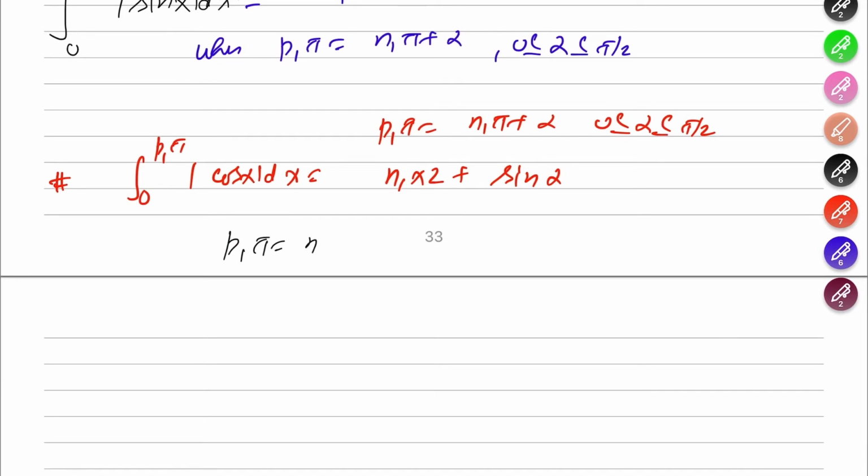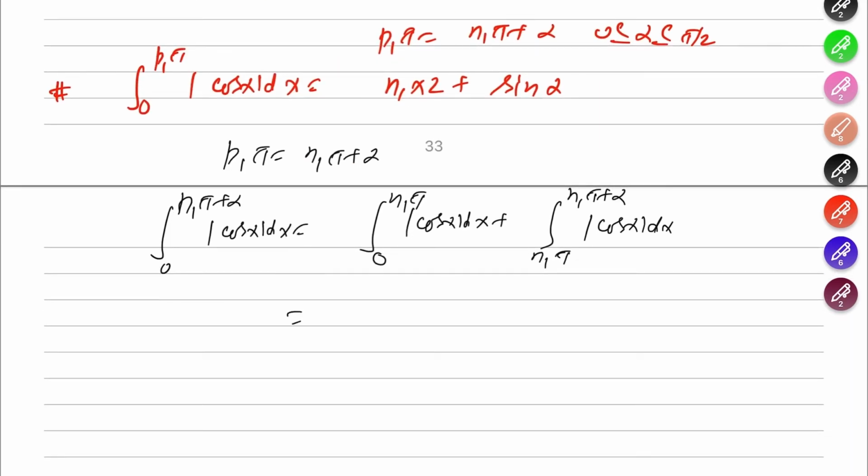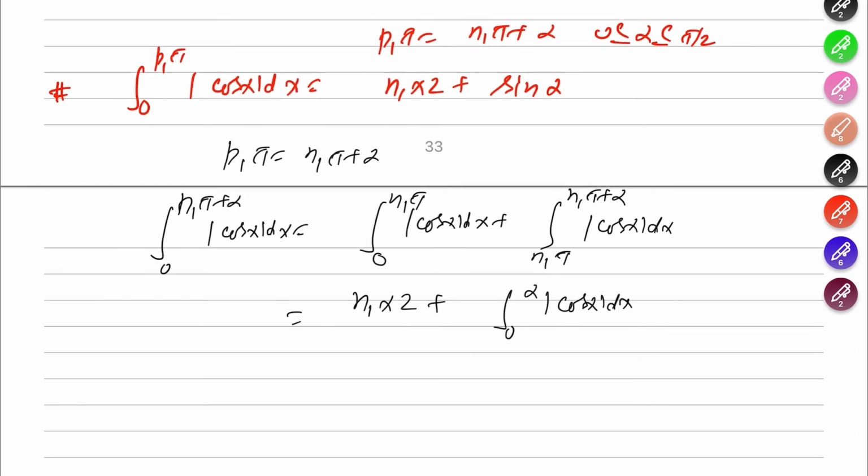Since p1 pi is equal to n1 pi plus alpha, we can write it as the integral from 0 to n1 pi plus alpha of mod of cos x dx, which is the integral from 0 to n1 pi of mod of cos x dx plus the integral from n1 pi to n1 pi plus alpha of mod of cos x dx, as we did in the previous case. The first part is n1 into 2, and the second is the integral from 0 to alpha of mod of cos x dx.